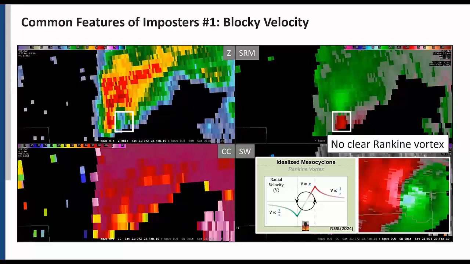So you have a tight gradient in the middle and then a more gradual gradient as you move away. I have one actual example of that in the lower right corner, and you can see how the gradients in the velocity data there don't look like what we see in that SRM from the example I had in the 4-panel. So that is one characteristic we tend to see with these imposter circulations.